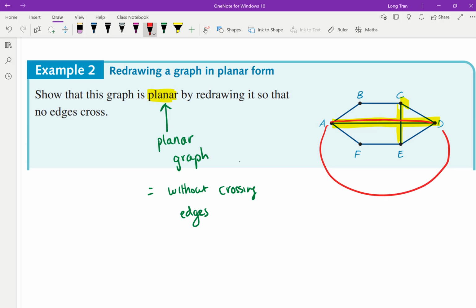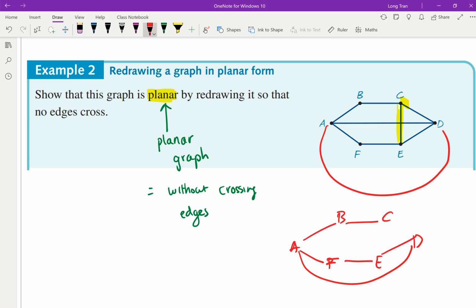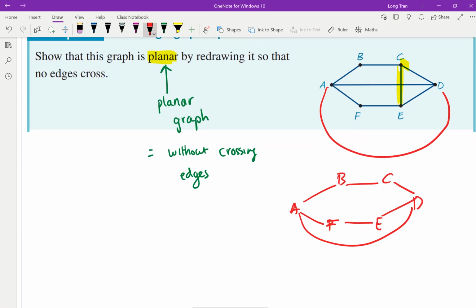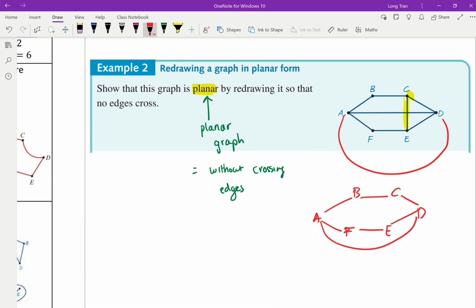And that way you would have A to D, F to E to D, B to C, and then to D, that doesn't have any crosses. Alternatively, you could also do C to E from the outside as well. Okay? So, that's what a planar graph means.